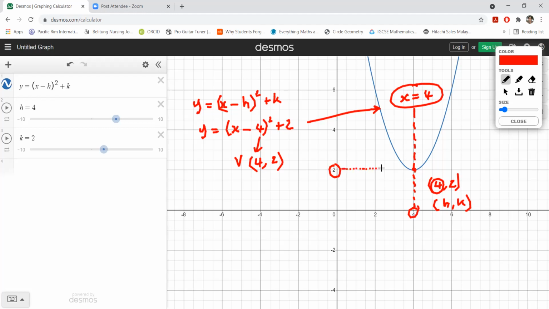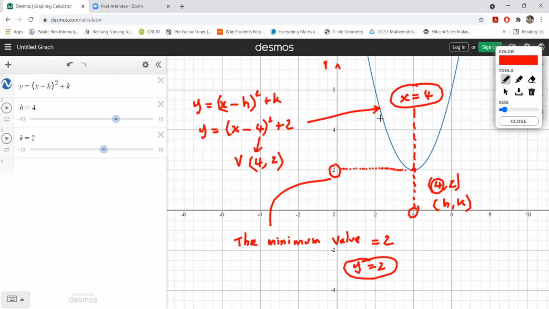So the minimum value is 2. So we could say the minimum value, I'll leave this on for a little while. You should just sketch this somewhere, okay? The minimum value equals 2. Or you can say y equals 2 because this is the y-axis, isn't it? So y equals 2. You can write that as well.